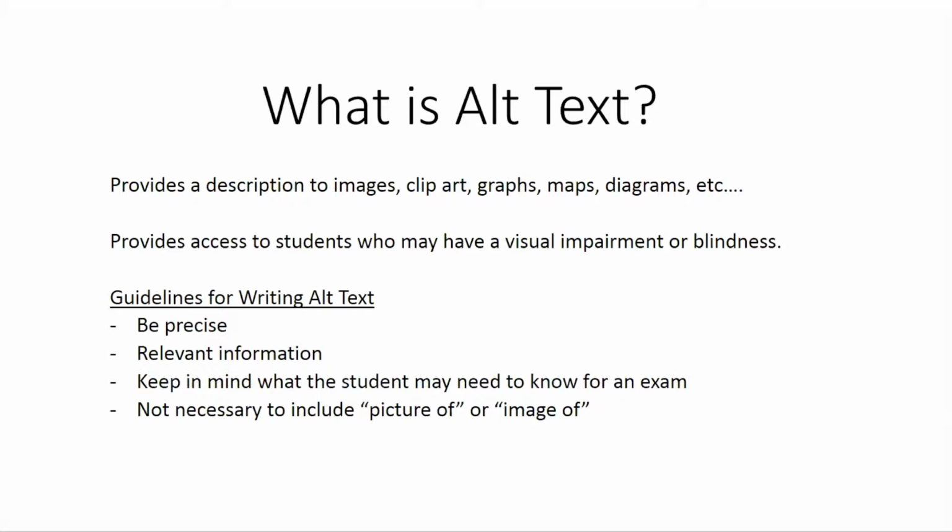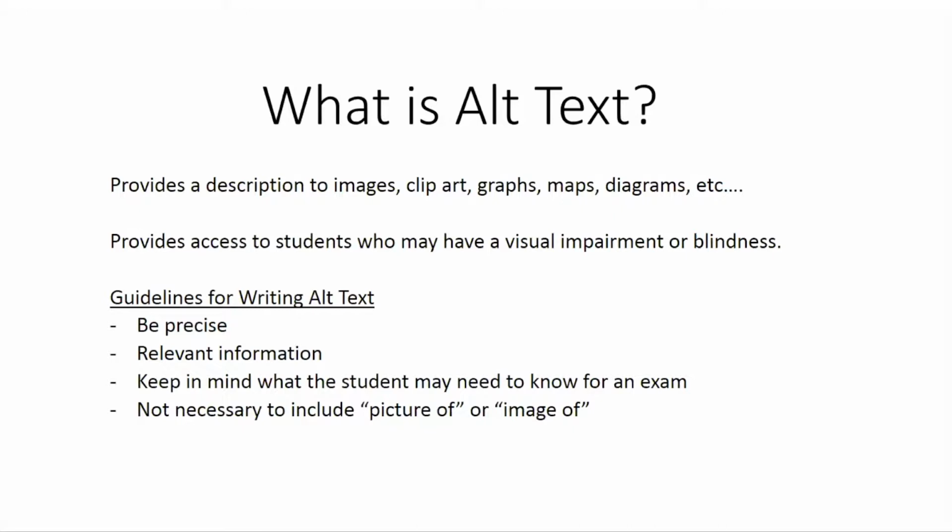The reason that we are supposed to add alternative text to all of our pictures is because of our students who have visual disabilities who may have difficulty seeing these images in Blackboard. Oftentimes, these students will use a screen reader or some other assistive technology which provides the student access to the Blackboard site and all of the materials needed to complete the course assignments.